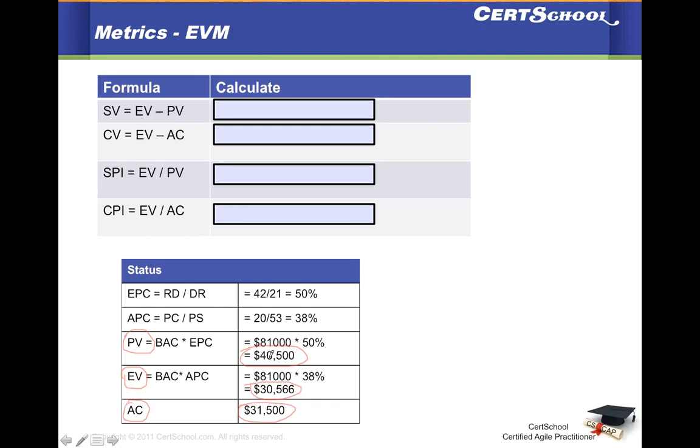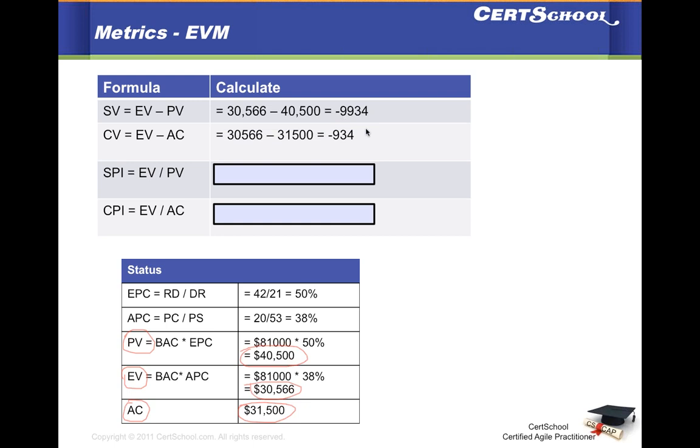Let's say you're doing all this in hard dollar terms. In Agile, it is not necessary that you do this in hard dollar terms. You can use other units as well. Now all we have to do is put these values in these formulae and calculate. Simple. Your schedule variance comes out to be negative 9,934.